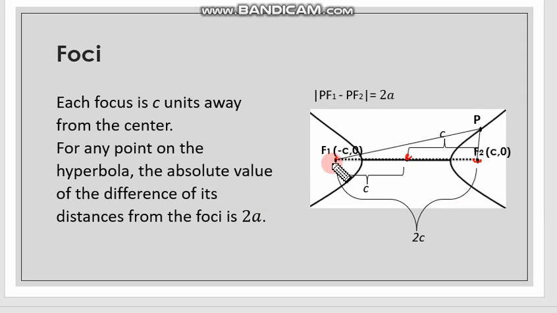So our hyperbola here opens to the left, so focus 1 is here, and this hyperbola opens to the right, so focus 2 is on the right side. From the focus to the center, that's c units, the same as in the ellipse.